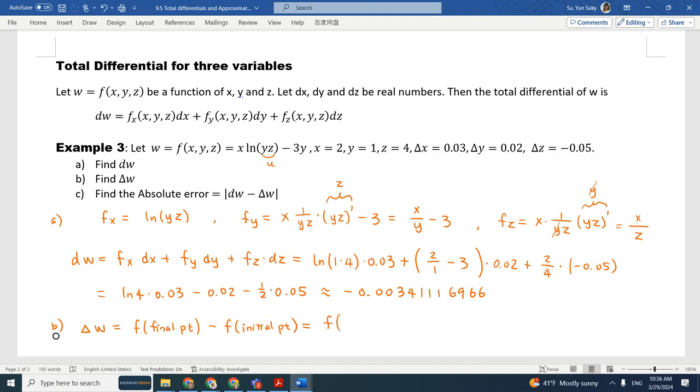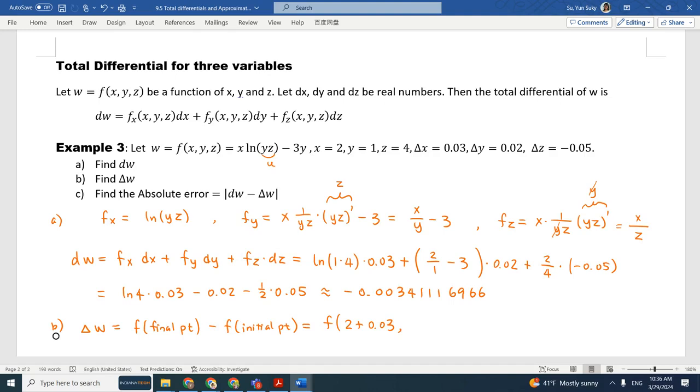What's the x? You're using the number 2 plus the change, which is 0.03.